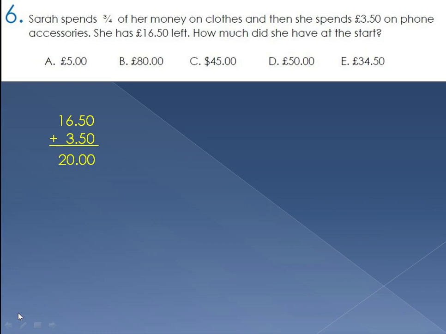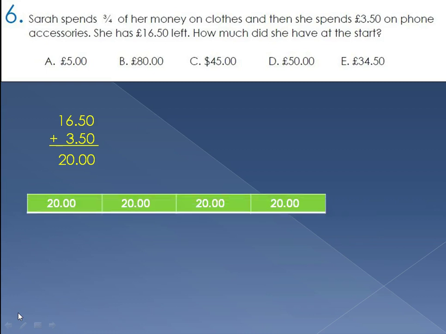Sarah spends 3/4 of her money on clothes and then she spends £3.50 on phone accessories, and then she's £16.50 left. So before buying the phone accessories, she has £20. 1/4 is £20. She spends 3/4 of it, and before she buys her phone accessories, she has £20 left, and that is the other quarter.